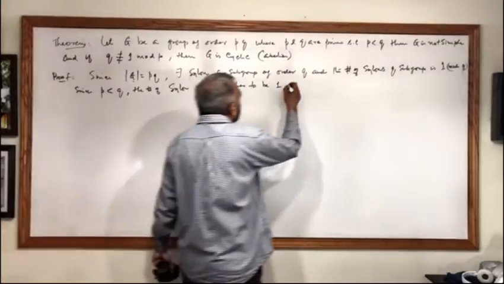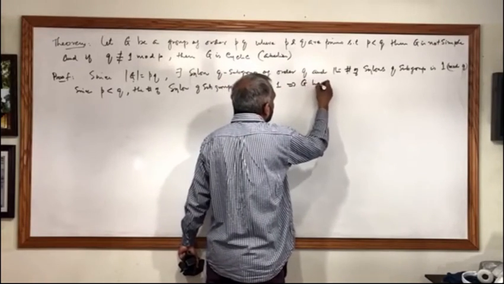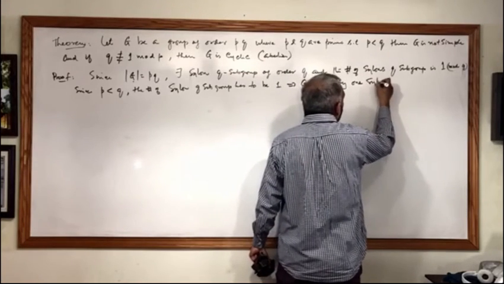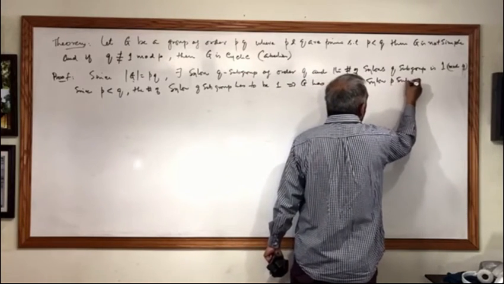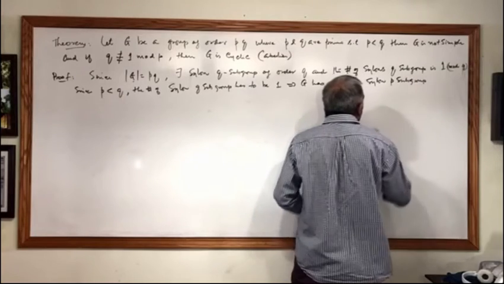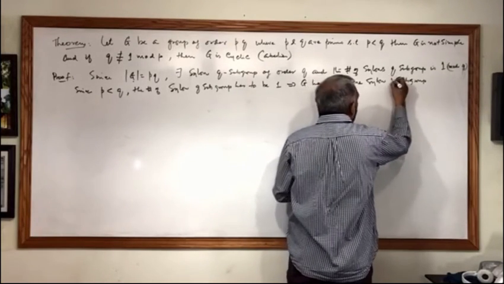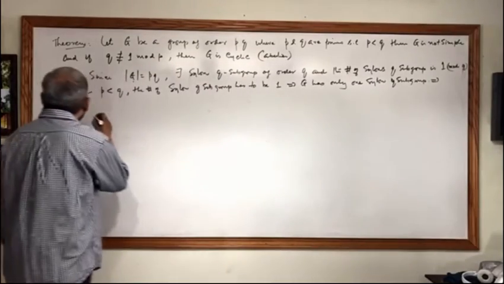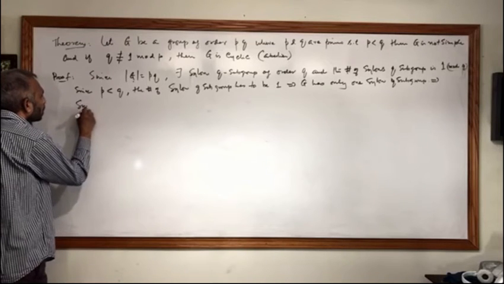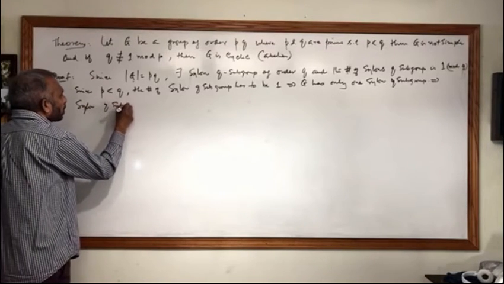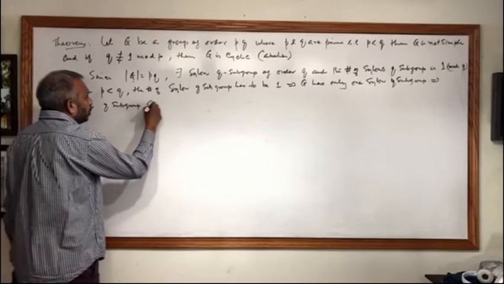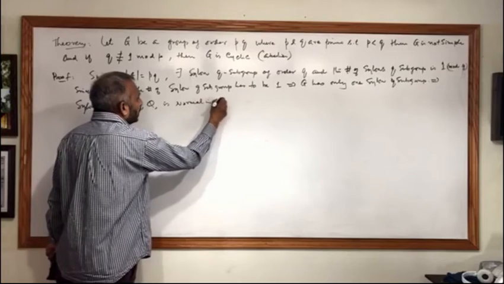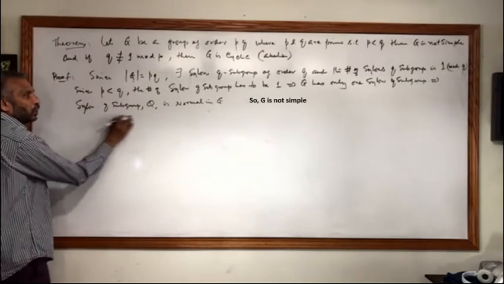And that implies G has only one Sylow Q subgroup. And that implies the Sylow Q subgroup, let us call it Q, is normal in G. We have already shown this earlier.